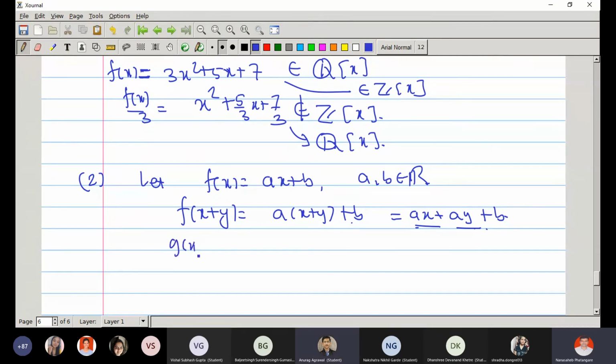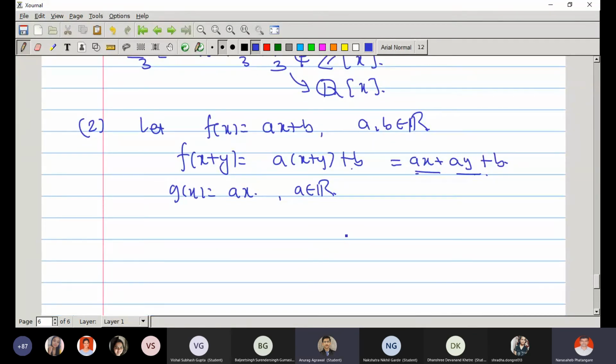So if you look at this polynomial, g of x is equal to x. Is it a polynomial? Yes, sir.